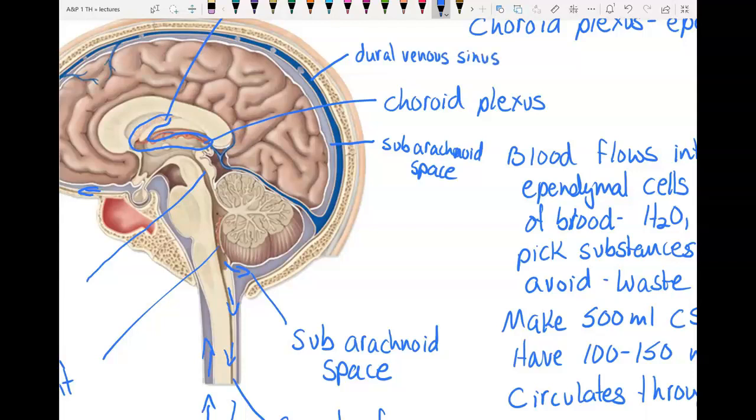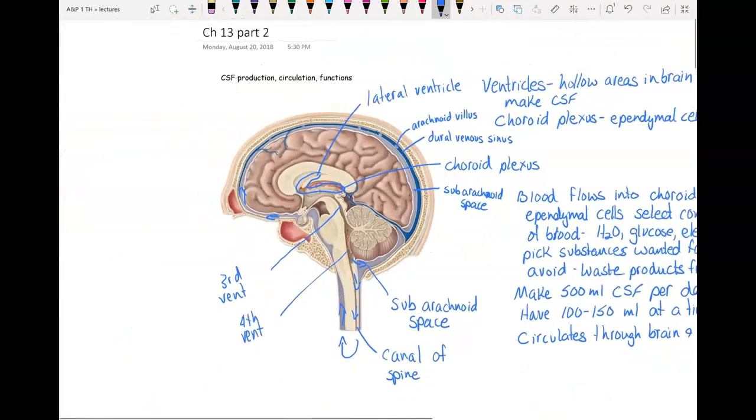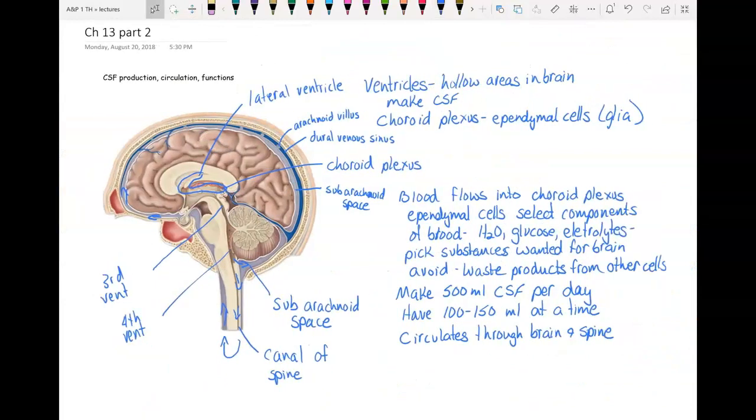So remember where the two layers of dura mater separate from each other and form that triangular shaped gap? That's the dural venous sinus. So then these little things here, the little tree-like things, do you remember that? That is an arachnoid villus. And that's where the cerebrospinal fluid drains into the blood.